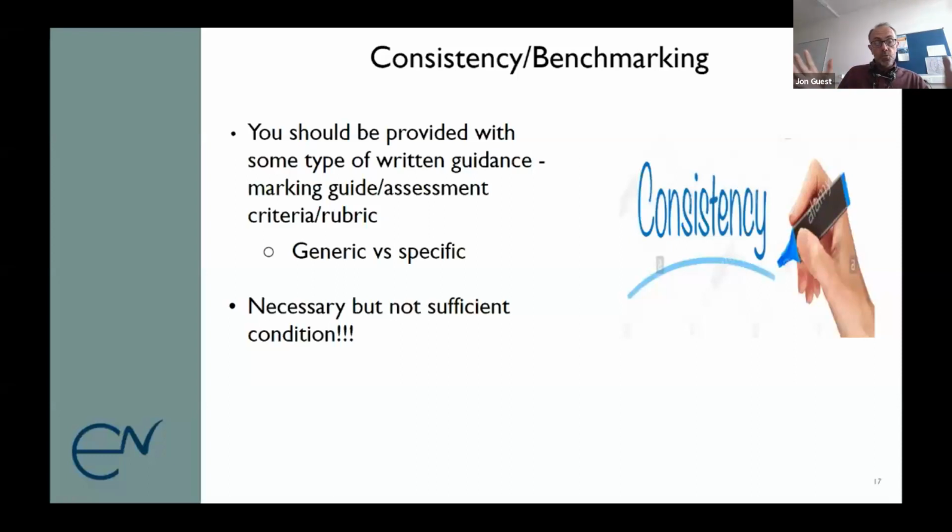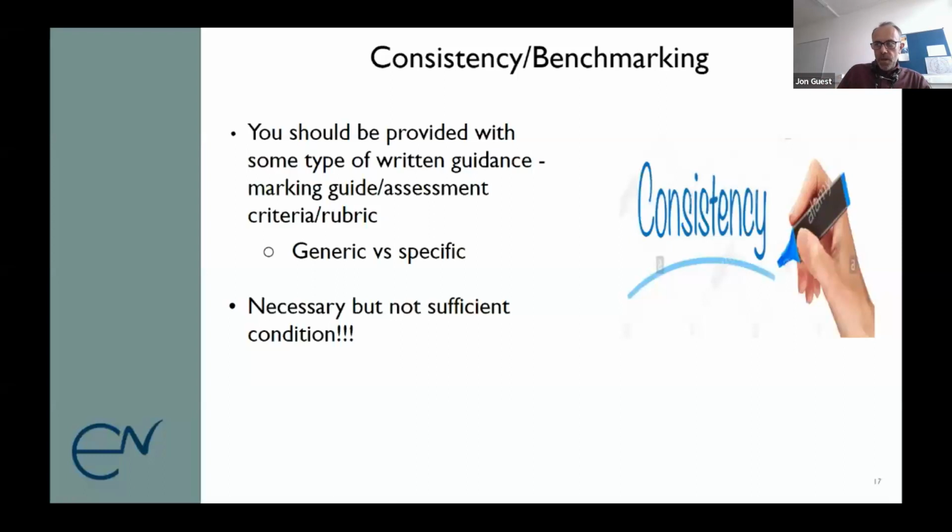Sometimes module leaders will provide very specific assessment criteria for that particular piece of work. And these are really important because the evidence suggests that without this written guidance, we've got very little chance of different markers marking work consistently, or what I would call intermarker consistency.